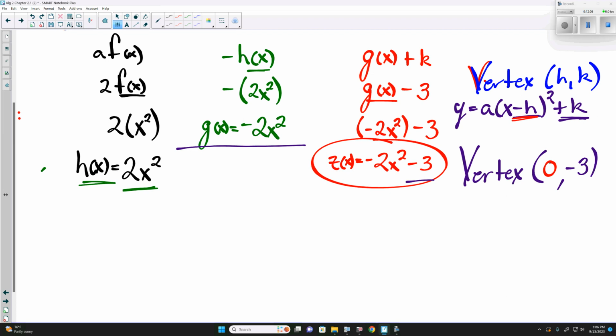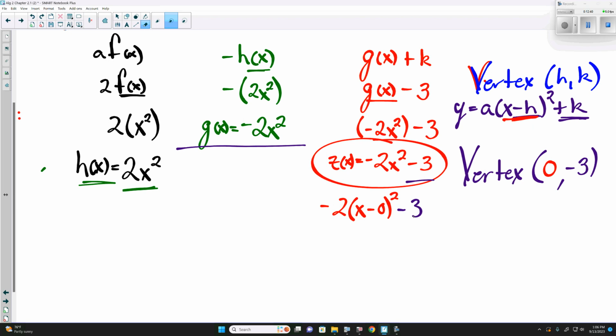And it is possible for the vertex to be 0, 0. Since we don't have any parentheses, we don't have this x minus h or x plus h, we don't have a value there. I mean, realistically, we could rewrite it as negative 2 parentheses x minus 0 squared, minus 3.